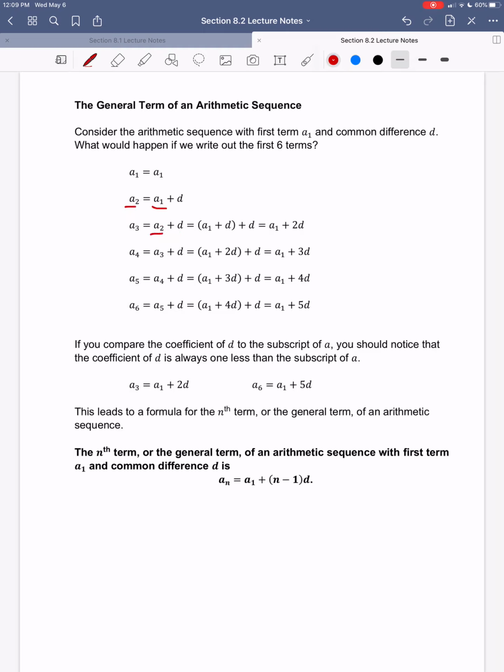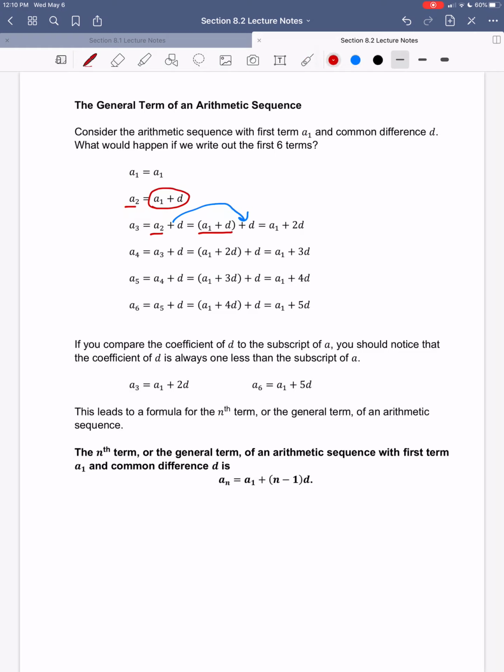But a sub 2 is this a sub 1 plus d. So instead of a sub 2, I write a sub 1 plus d, and this plus d here just stays the same. But then I've got a sub 1 and plus d plus d, that's plus 2d. The same thing works here.